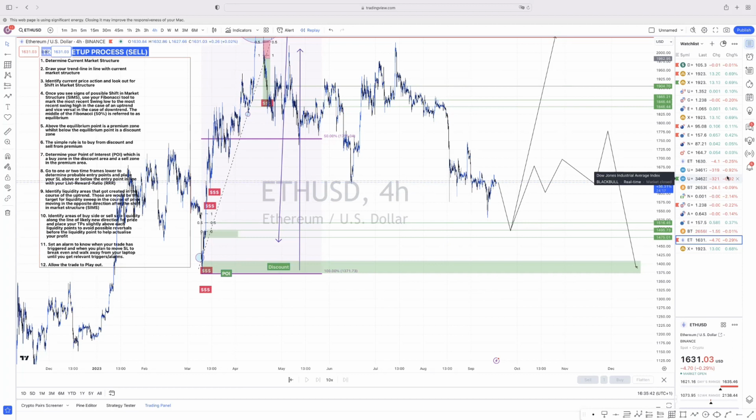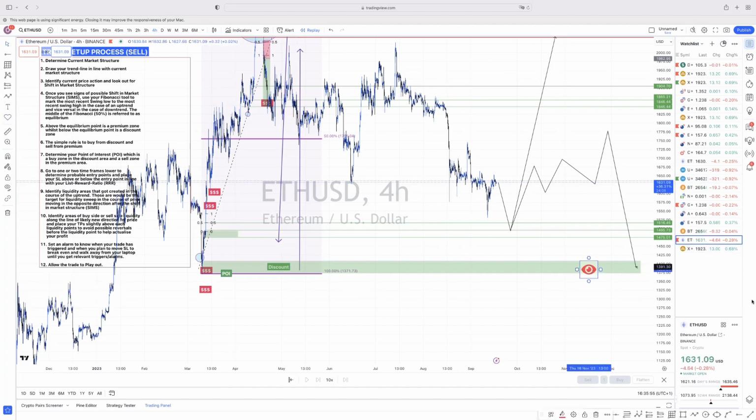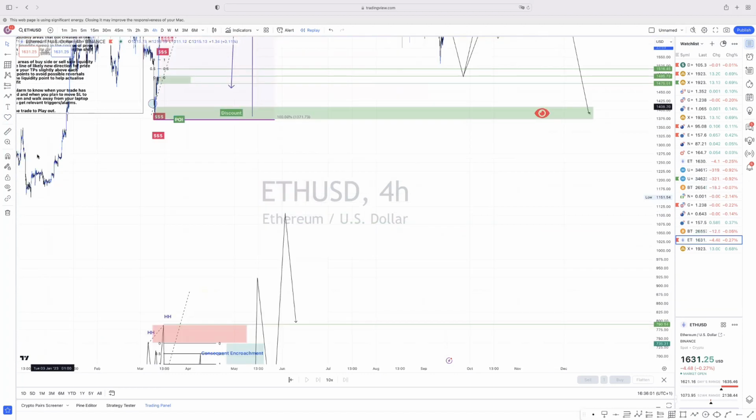So even if price does not get there now, at some point in the future, I will still need to keep my eyes on that order block, because it is a point where, if you look below, you'll probably see that there is not so much immediate support.